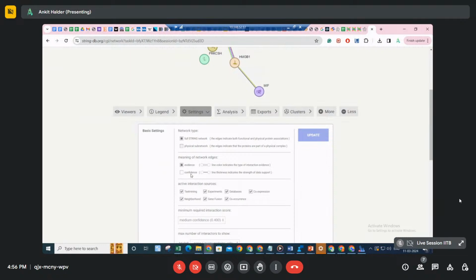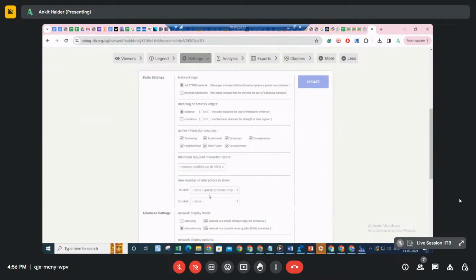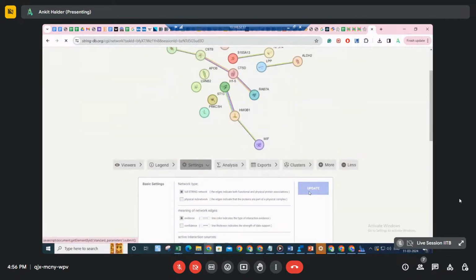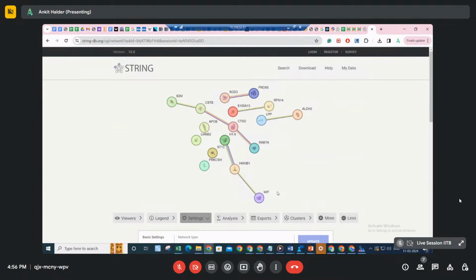Also, you can choose the algorithm through which it should be extracted, and what confidence level is required: highest confidence, high confidence, or medium confidence. We can keep high or highest confidence if we want a more stringent level, and then you can update and the different interactions will come across.